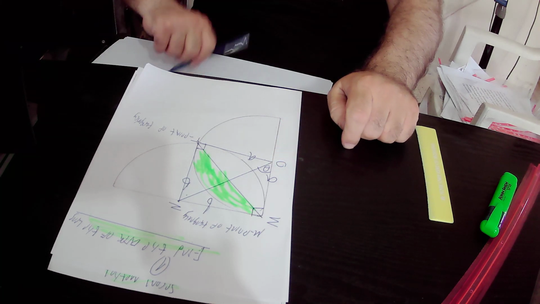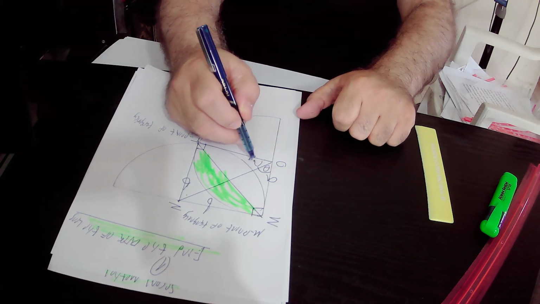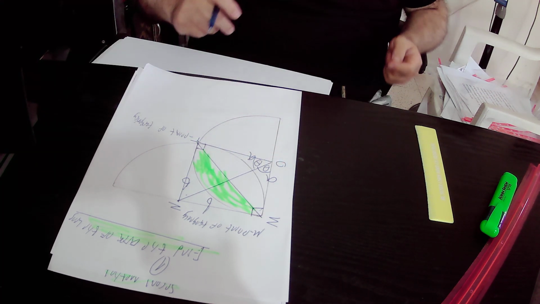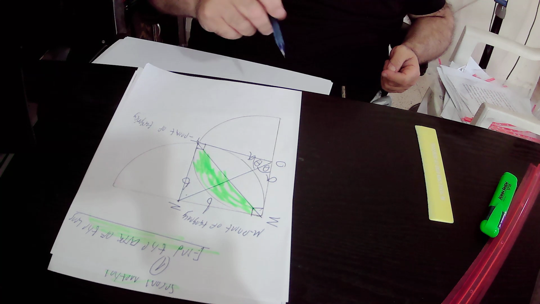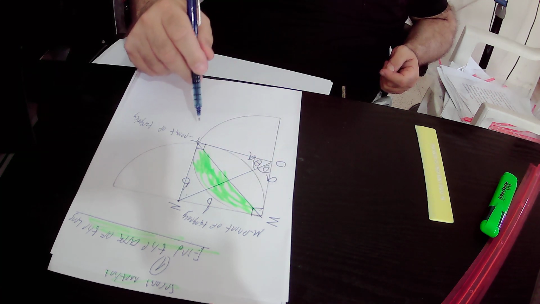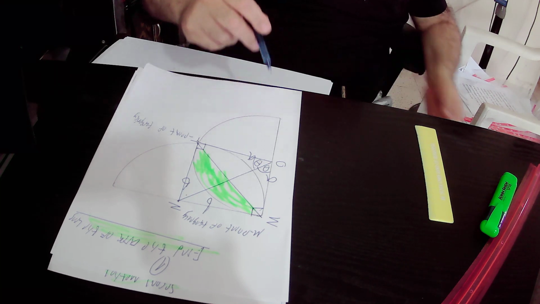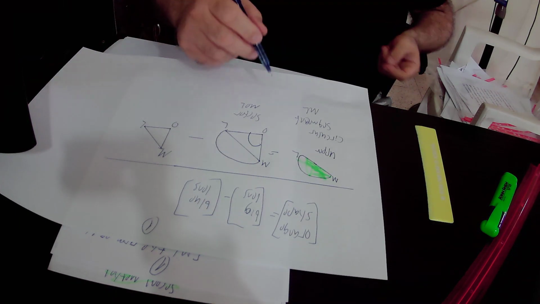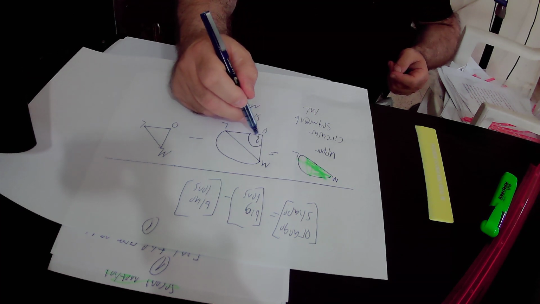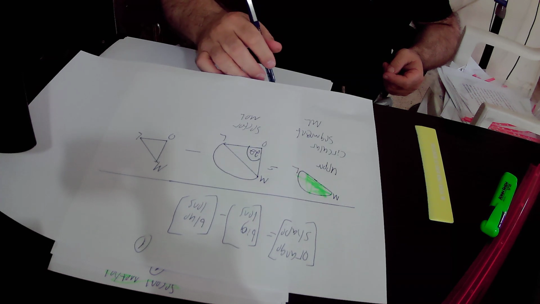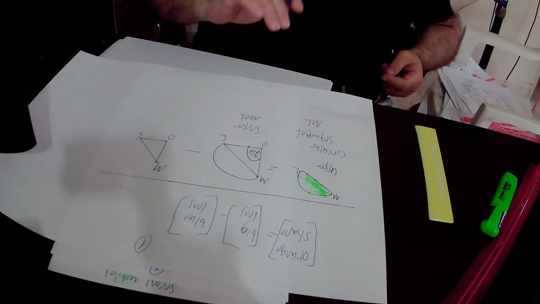Therefore, this angle must also equal theta. So in conclusion, the size of angle MOL is theta plus theta, that is 2 theta. So the size of angle MOL equals 2 theta.